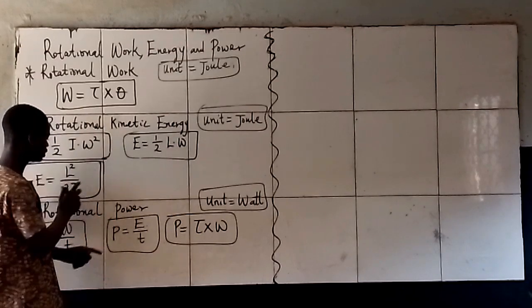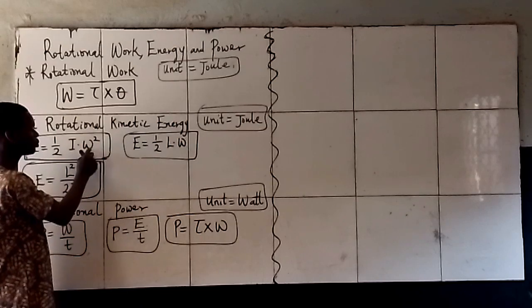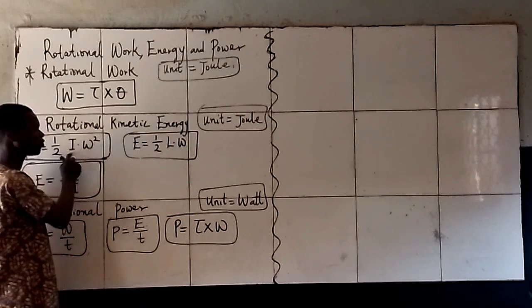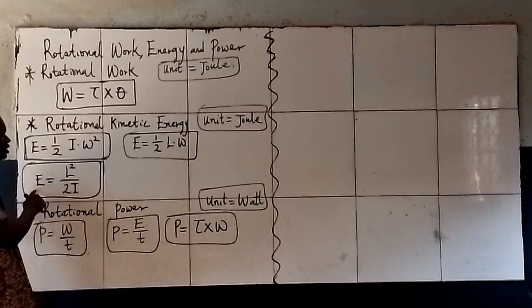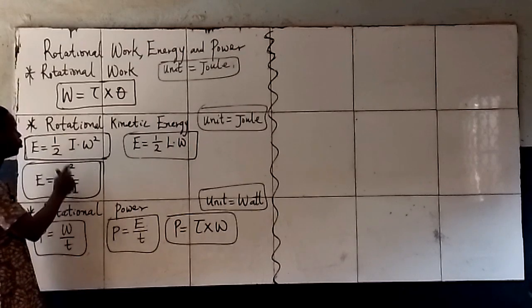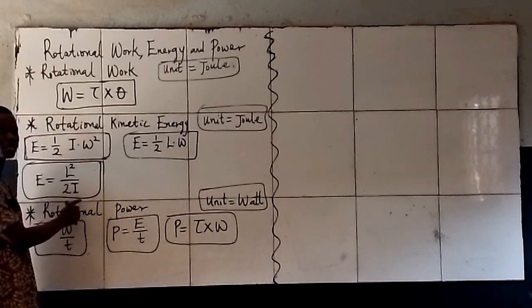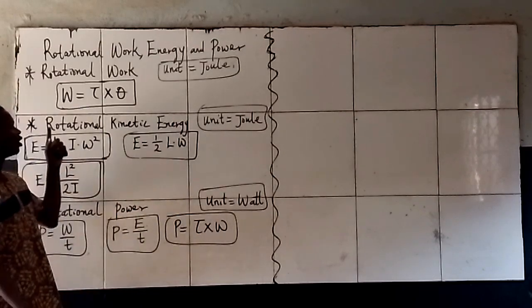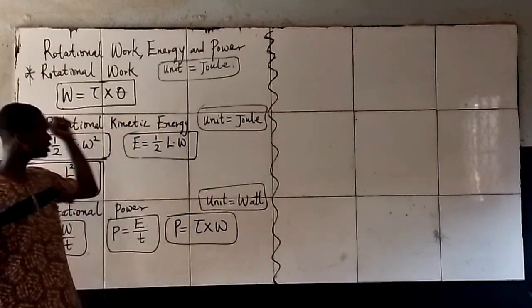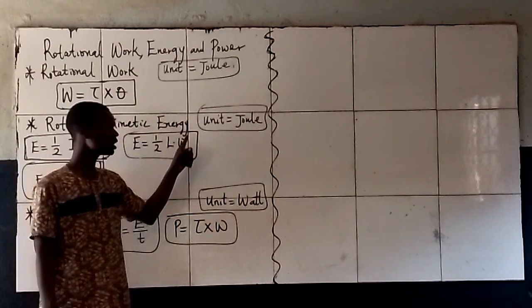This is what we will get. So what's the last formula? Energy is equal to angular momentum squared over 2 times moment of inertia. So these are the three basic and important formulas for rotational energy, or you say rotational kinetic energy.